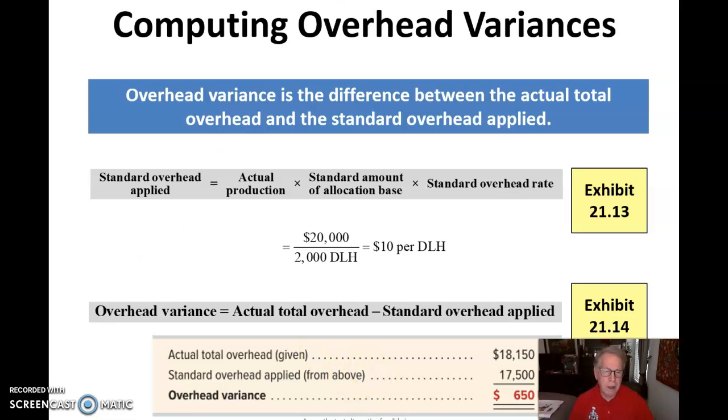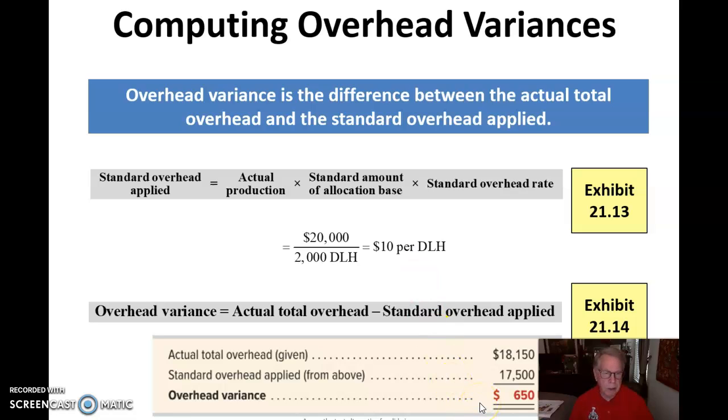You'll remember that our standard labor hours for this level of volume was 1,750 hours. That's where we get this $17,500, by multiplying 1,750 hours times $10 per direct labor hour.